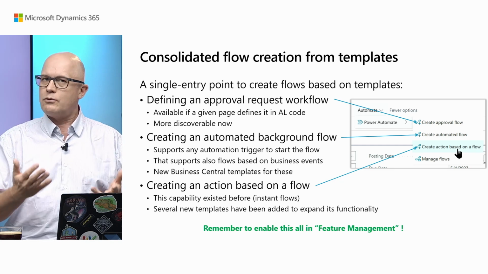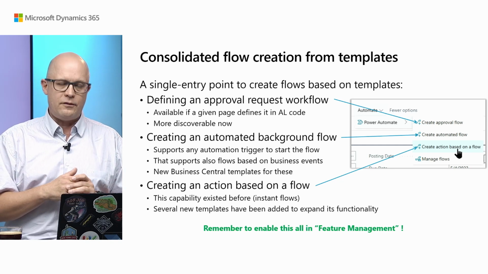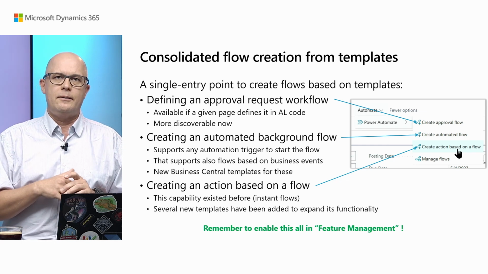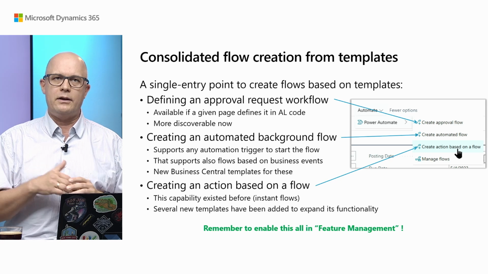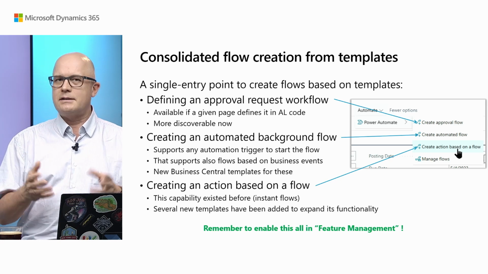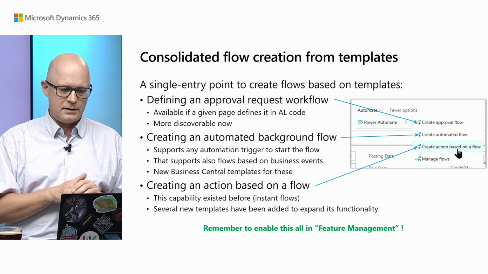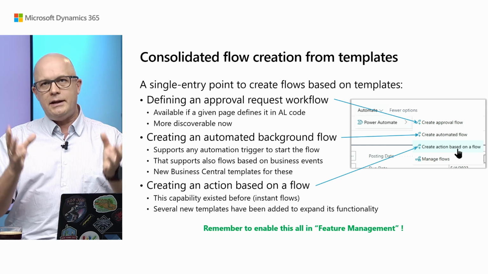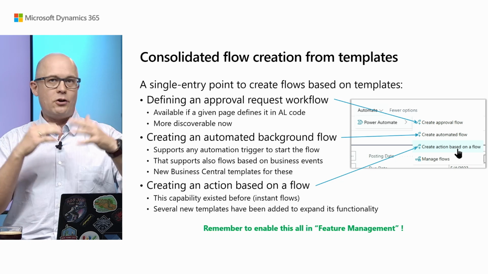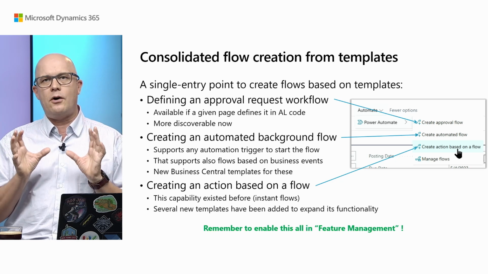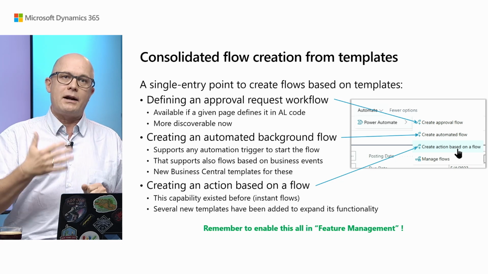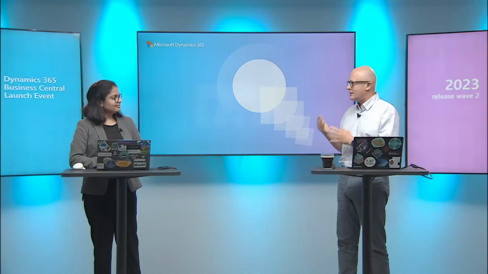If you're creating a new environment in Business Central, or a sandbox environment with the preview version of Business Central 2023 Wave 2, this is enabled by default. As you see, we have a lot of templates, and we want to focus your attention on them. I think Monica has something to say about those.